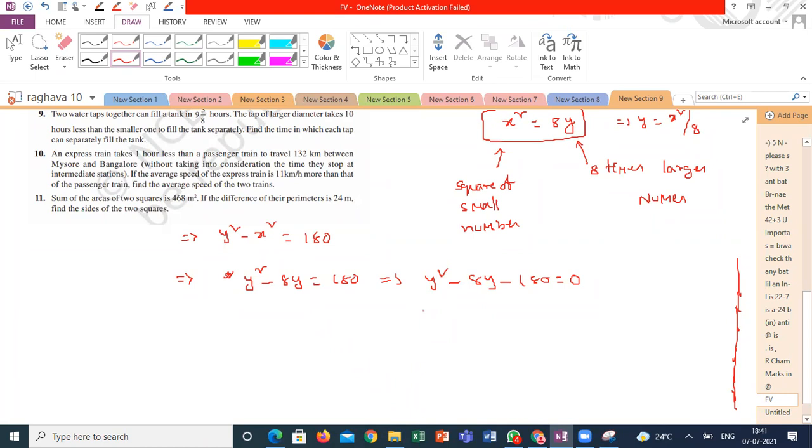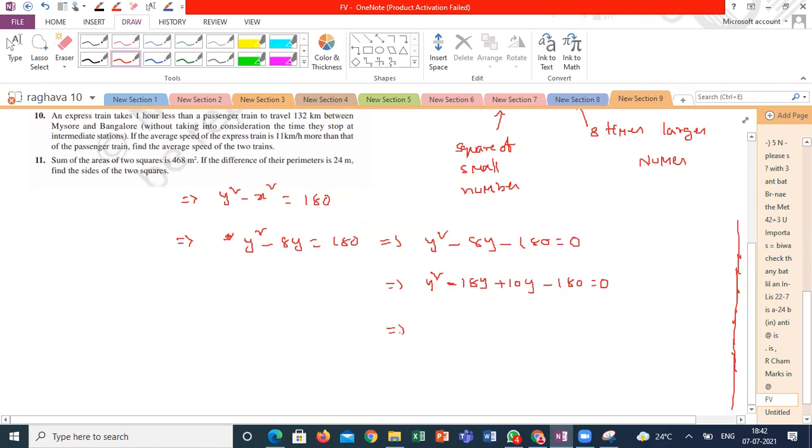Minus 10 and 18, sir. So y square minus 18y plus 10y minus 180 is 0.